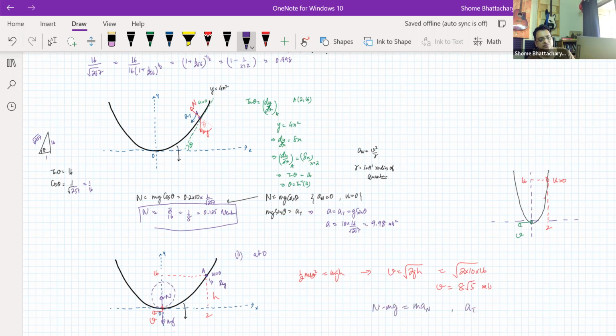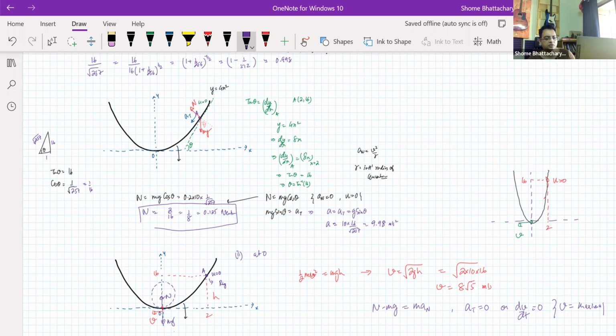And tangential acceleration for an instant will be 0, because at that instant dv by dt is 0, because v has reached its maximum. Up to the point O, v is increasing, so tangential acceleration is positive. And as it crosses the point O, tangential acceleration becomes negative. So momentarily, tangential acceleration is 0. Also, you can see there's no tangential force.